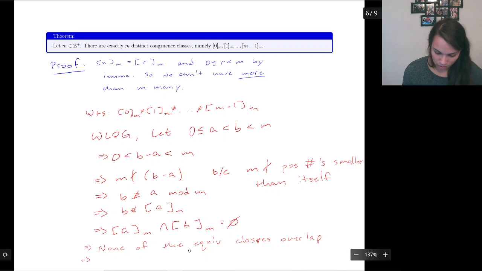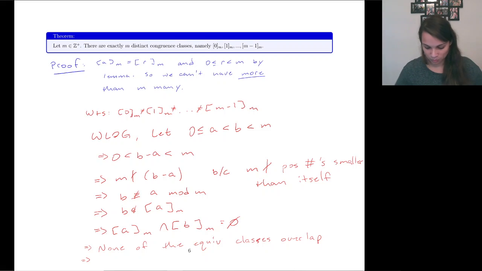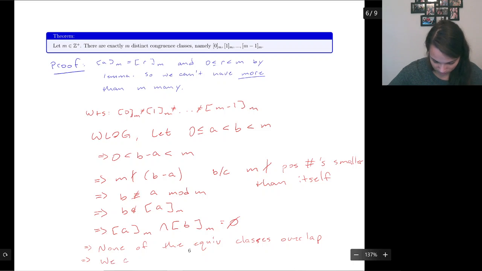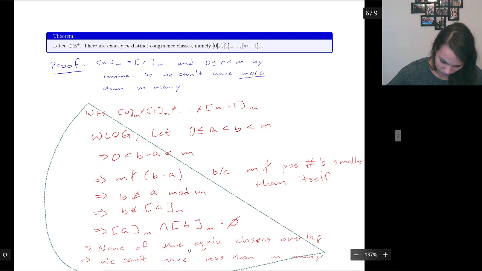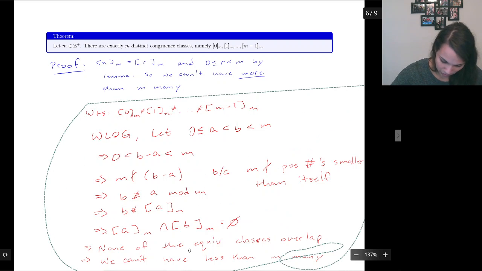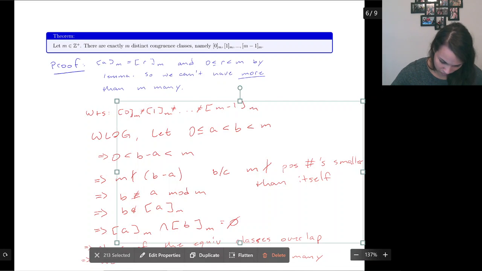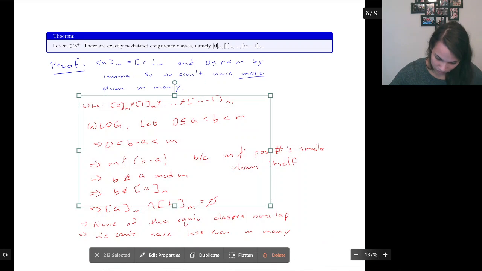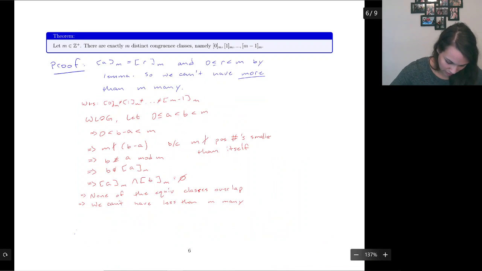And if none of the equivalence classes overlap, we can't have less than M many of them. Therefore, there is exactly M many.